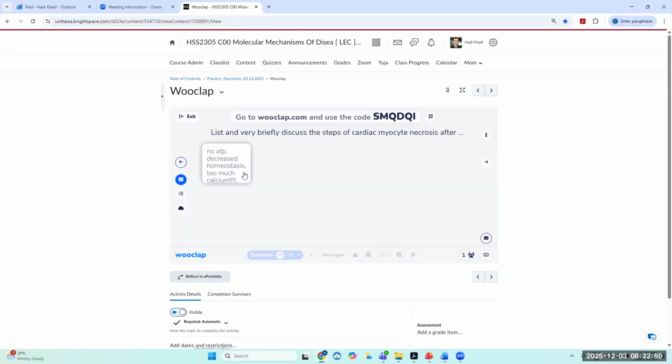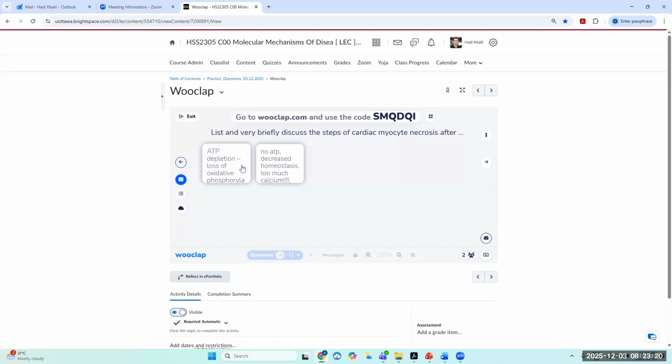No ATP decrease, there's not much calcium. Yes, but make it like a sentence, please. I know you're answering quickly, but you would need to write a complete sentence so that we understand what it means. For example, you don't say calcium entry. Calcium entry means what?